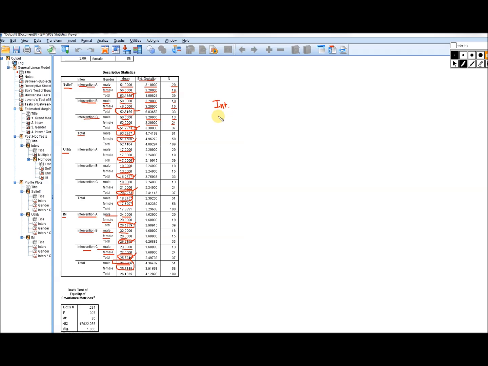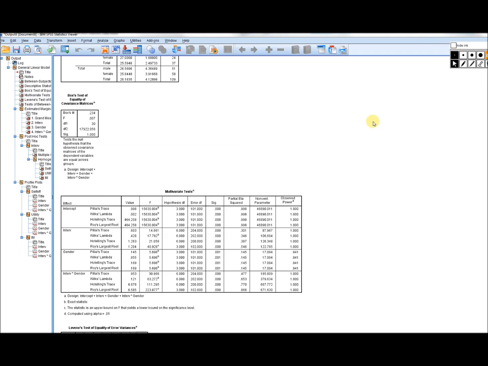There'll be a main effects test of gender, and that will involve, actually down here, comparisons of males and females across our dependent variables. And then there will also be a test of the intervention by gender interaction. At any rate, those are the means that are being involved in our MANOVA comparisons.